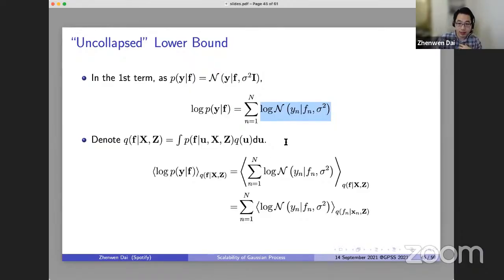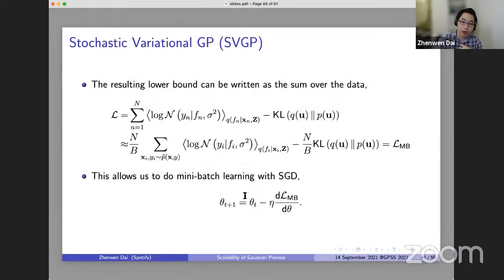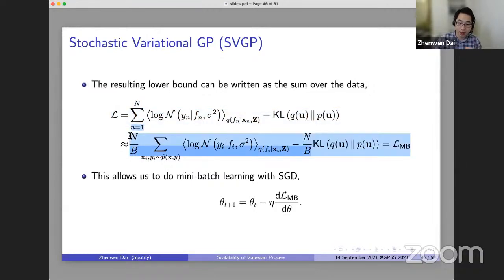If we plug this into that expectation, we end up with the first term being a summation over the data points. That allows us to build a mini-batch approximation by approximating the summation over the whole data set by a summation over a small mini-batch.